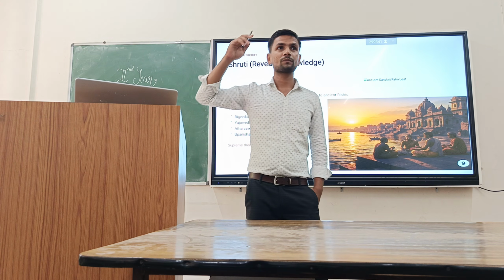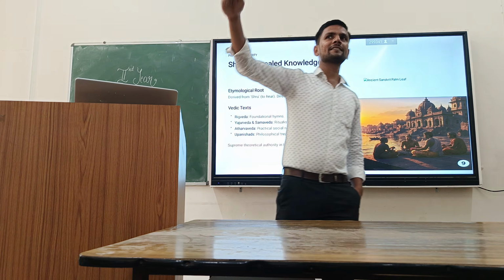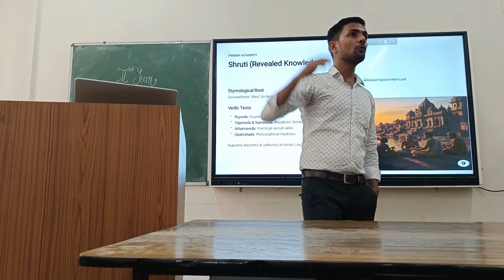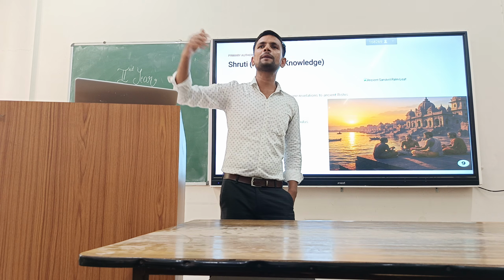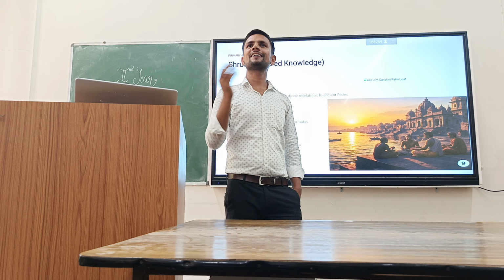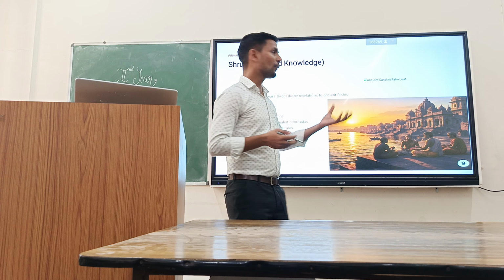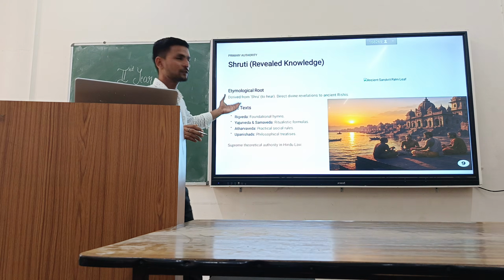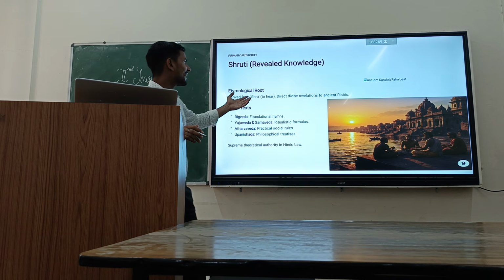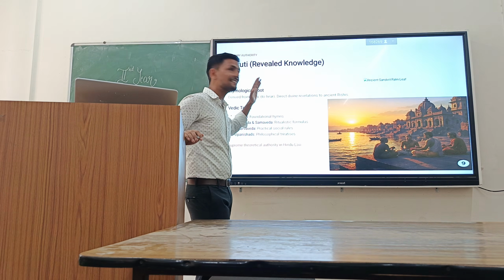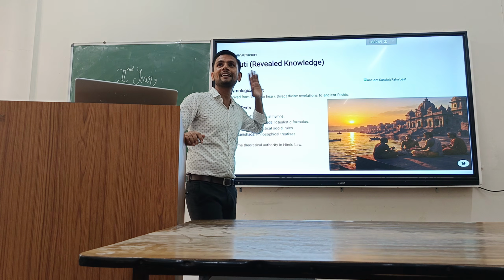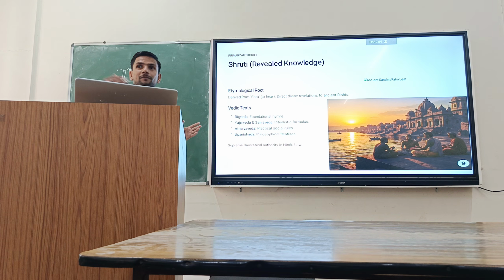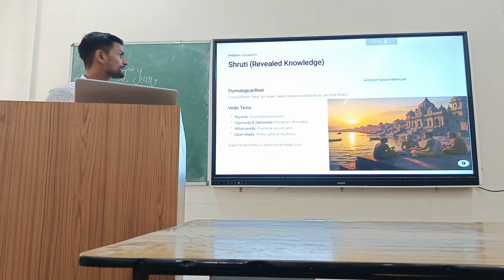The sages who were beyond this physical world, who attained the most sacred and superpower, heard it, and those came into existence as Shrutis. So these are the direct revelation of the ancient rishis, one who attained enlightenment, one who attained a lot of knowledge beyond physical existence.